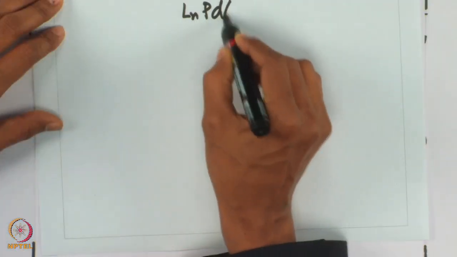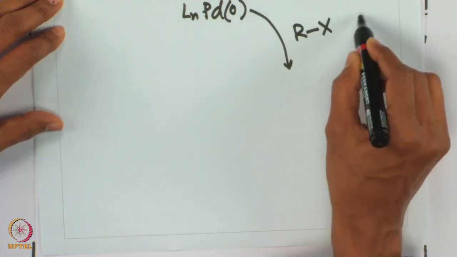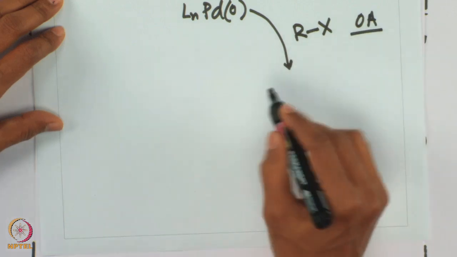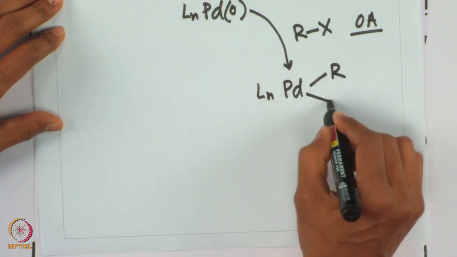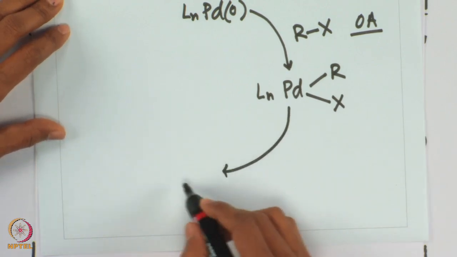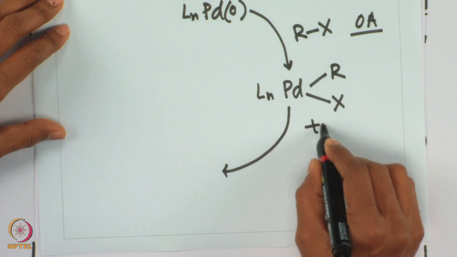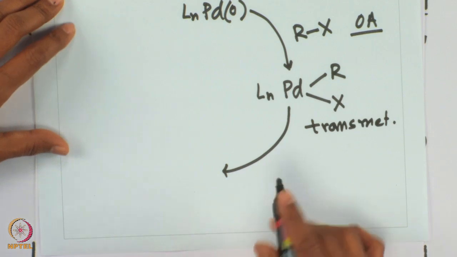Let us look at the mechanism, which should be simple at this point, since we discussed quite similar reactions previously. The reaction mechanism will again involve a ligand palladium(0) complex. It will react with RX, that is the oxidative addition step, and from there we have the ligand palladium R and X intermediate. This is the oxidative addition intermediate. From there we have the transmetallation, I think that is the main interesting aspect.